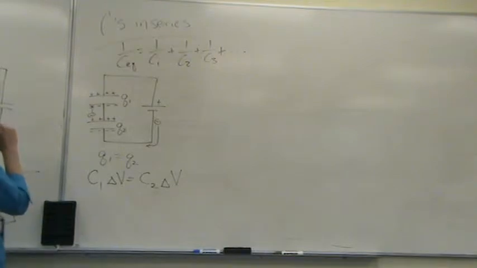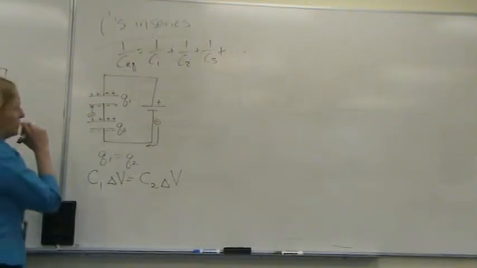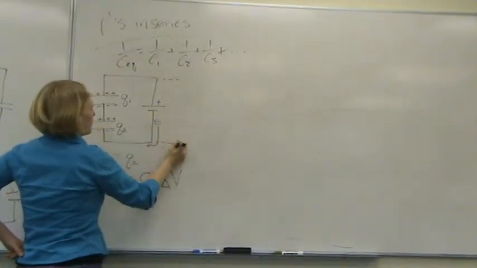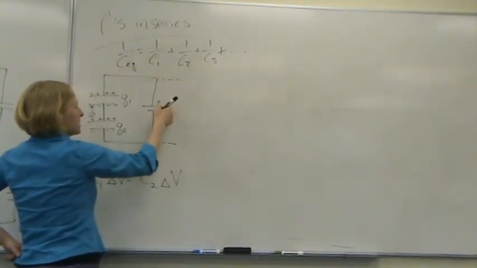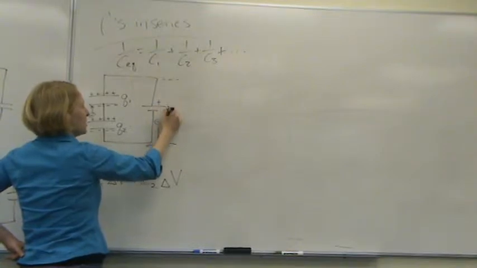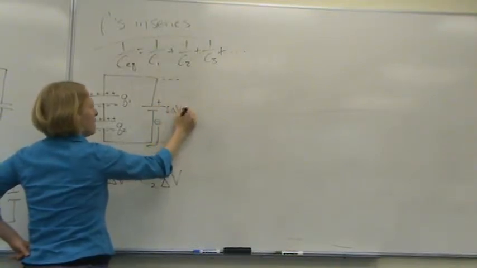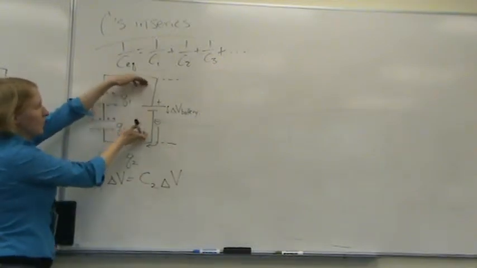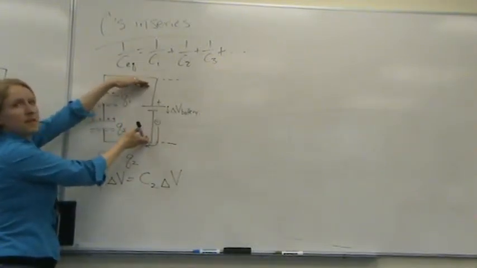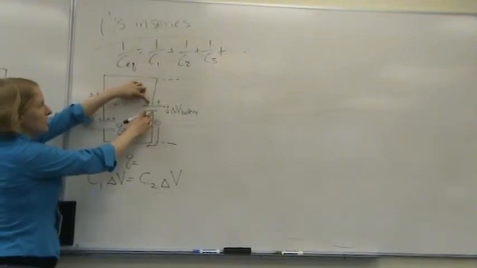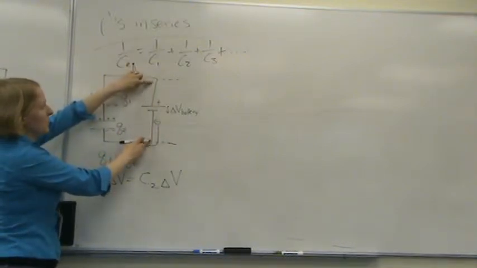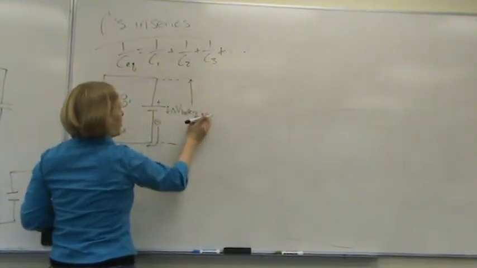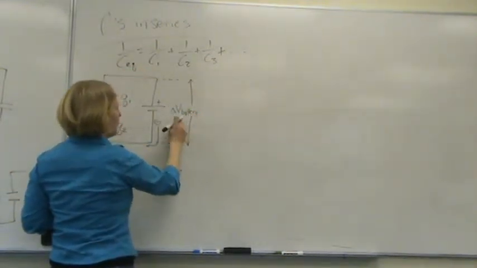Let's see, where was I going with that? The battery creates its potential difference from here to here, delta V of the battery. And if there's nothing else happening, no other devices along this wire, you can extend that delta V to be from this whole top to this whole bottom. So from here all the way to here is V battery.